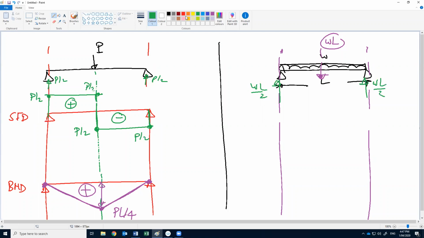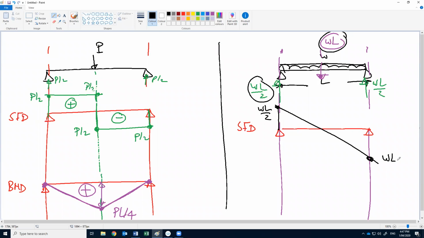Okay, for the shear force diagram, we said the shear at the start or at the beginning of the beam WL by 2, the shear at the end will be WL by 2 minus WL, which gives us minus WL by 2. Okay, and we connect it with a straight line. Then after this, the reaction returns back to 0. The sign convention here positive, here negative.